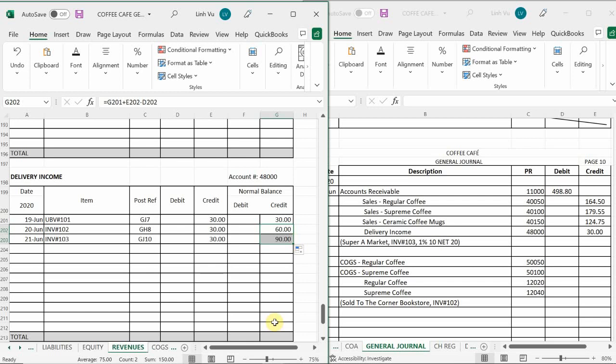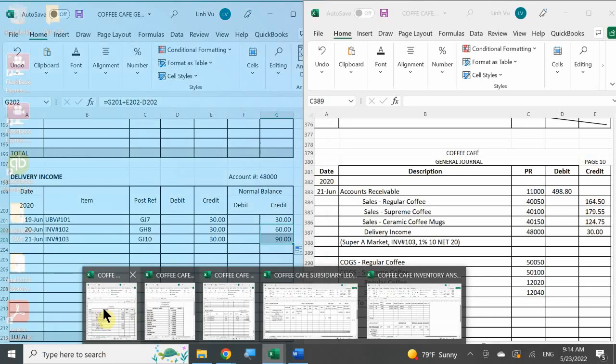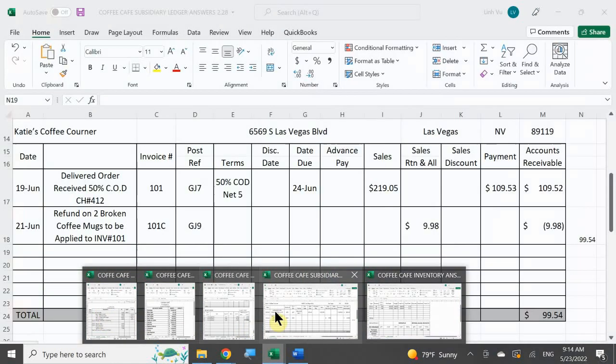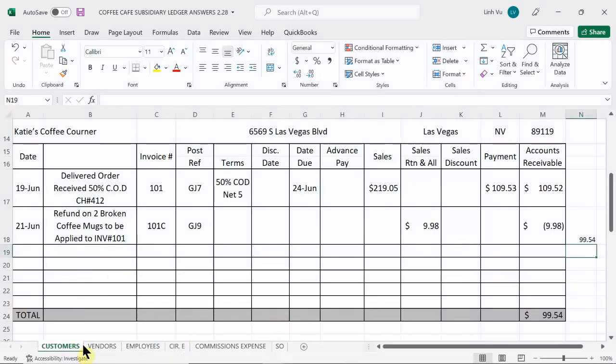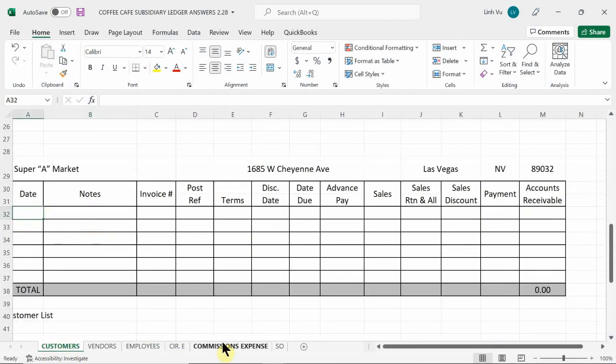So now that I finished my general journal and my general ledger, I now need to update my subsidiary ledger because in this case, Super A Market owes me money. Okay, I need to record that. So I go to my subsidiary ledger under customers. Super A Market is right under Katie.